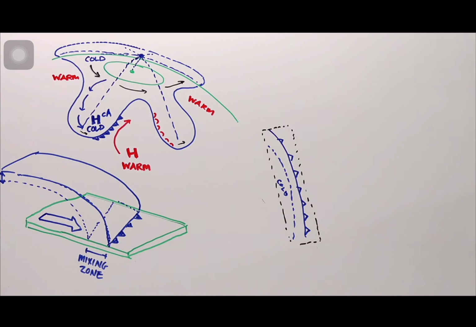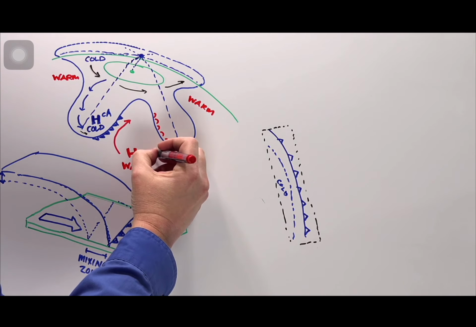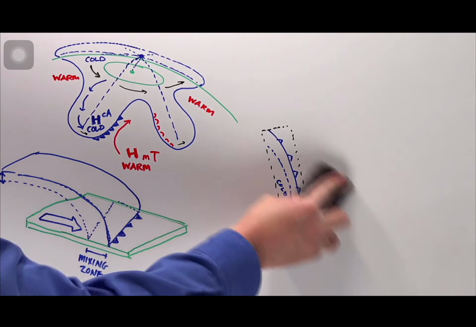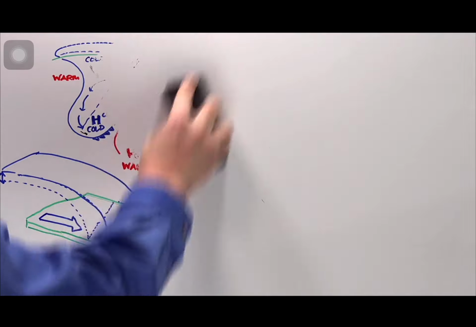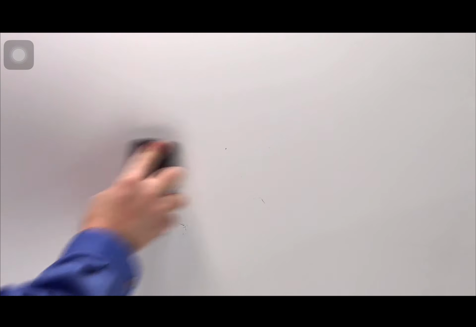This high down here of warm air, let's say that it is maritime tropical. Okay, got it? All right, since you got that, let's erase this. So we're once again going to go to a weather map view, a bird's eye view, looking straight down.